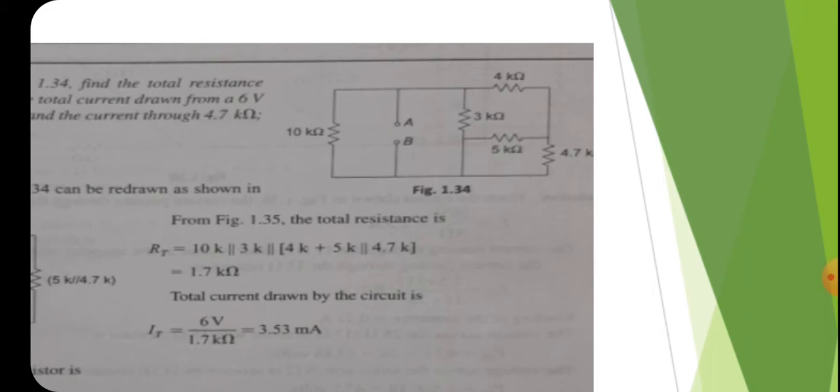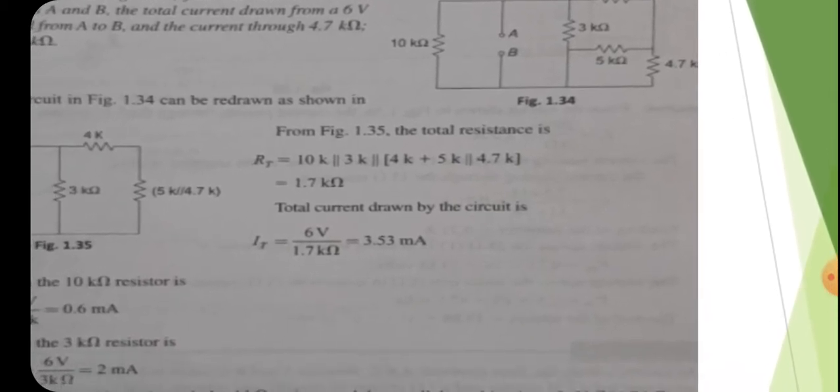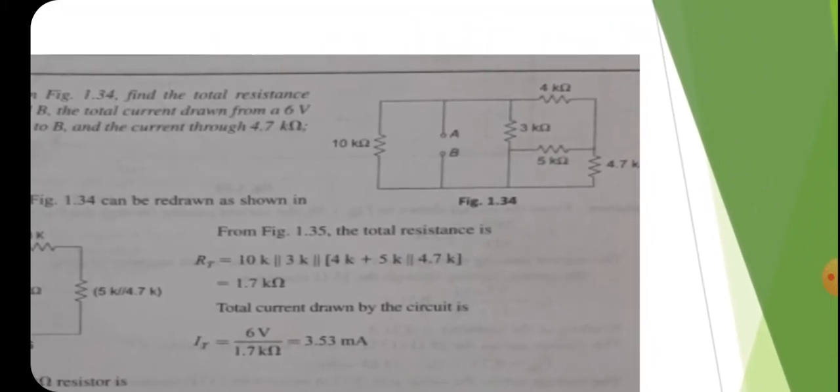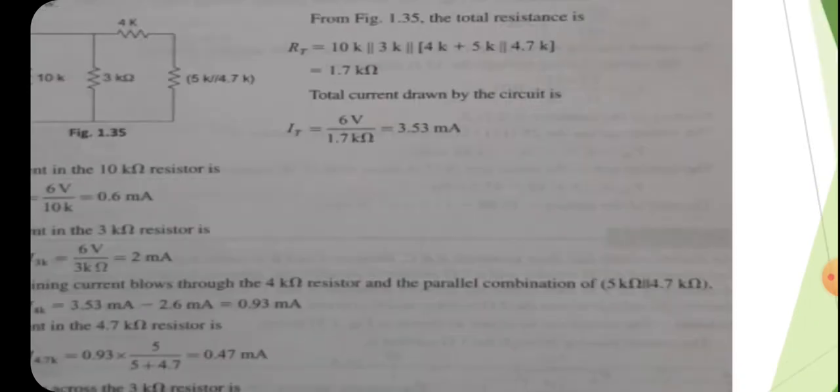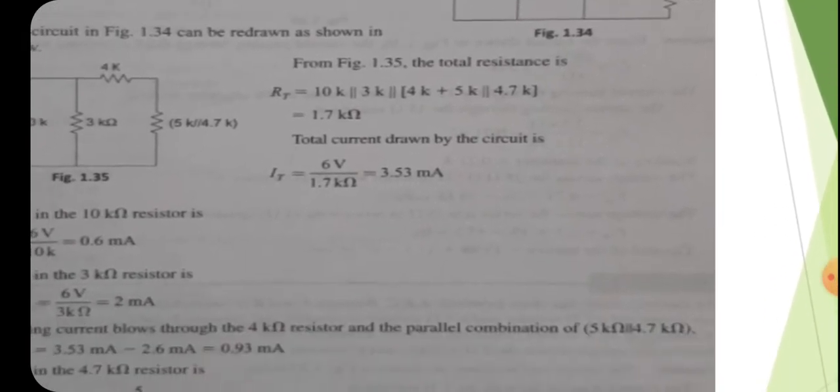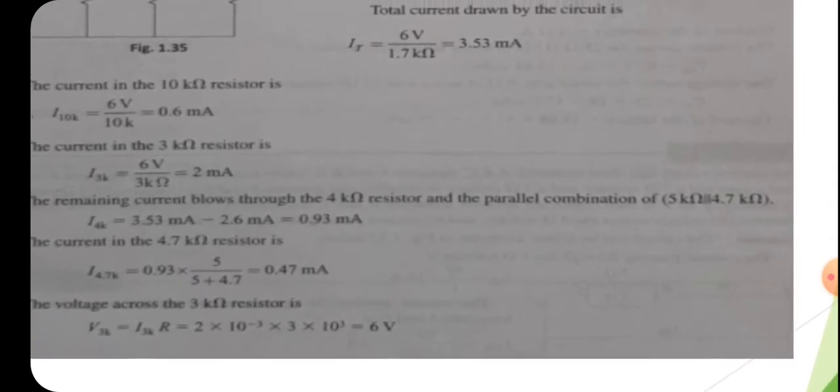So you can find the current through 4.7 kilo ohm easily by applying the current divider rule. The current divider rule states that the current through the 4.7 kilo ohm resistor will be equal to total current into 5 kilo ohm divided by 5 kilo ohm plus 4.7 kilo ohm. So you can write I 4.7 kilo ohm will be equal to the total current at the starting point of the parallel combination of the two resistors 5 and 4.7 kilo ohm, which is 0.93 milliampere.